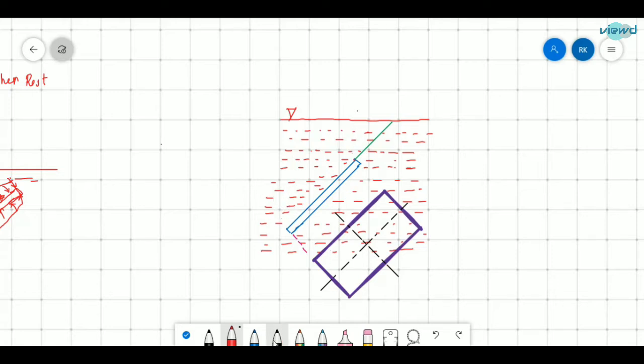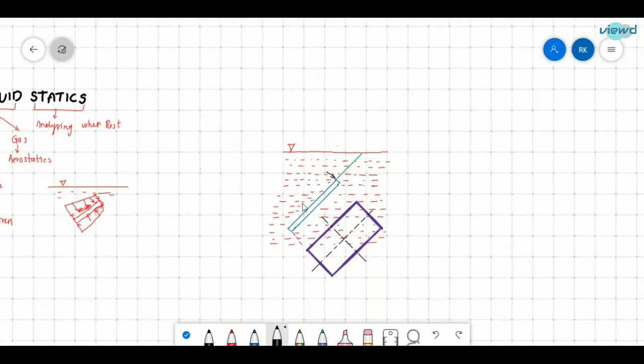I'll draw it again here. So here a small amount of pressure will be acting. So in this way it is distributed.